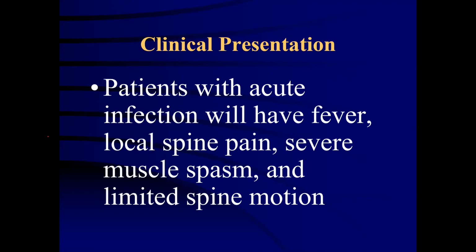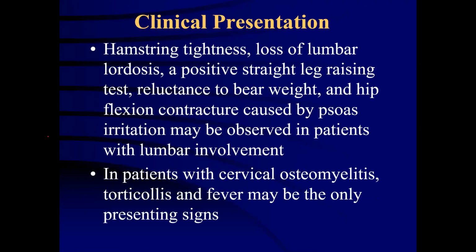Patients with acute infections will have fever, local spine pain, severe muscle spasm, and limited spine motion. Hamstring tightness, loss of lumbar lordosis, a positive straight leg raising test, reluctance to bear weight, and hip flexion contracture caused by psoas irritation may be observed in patients with lumbar involvement.